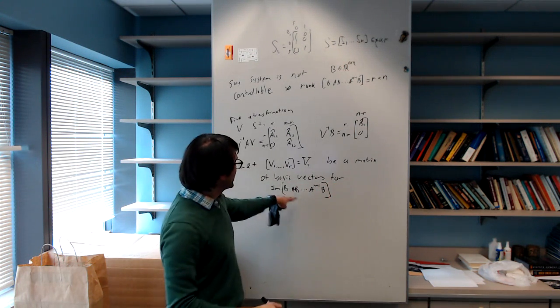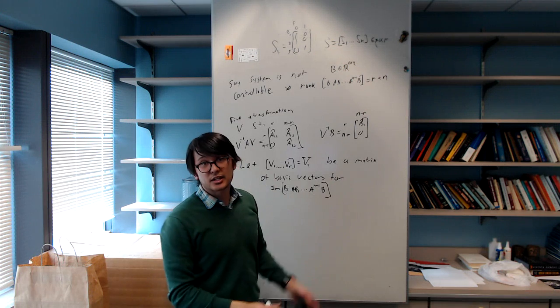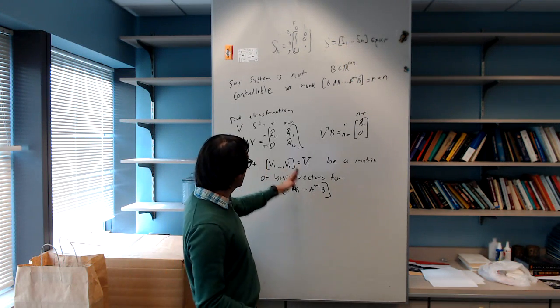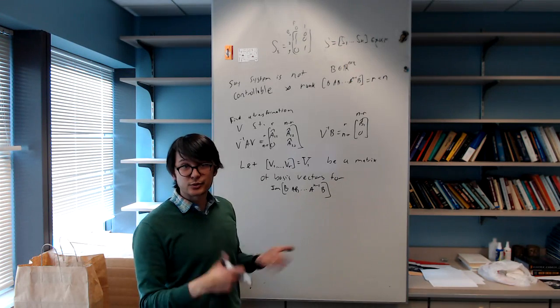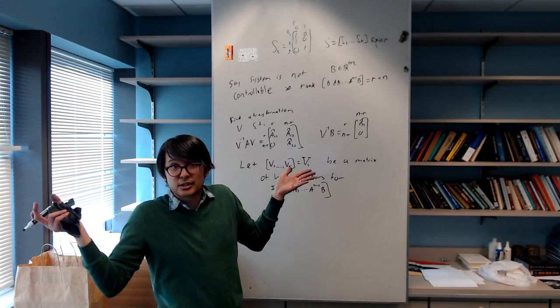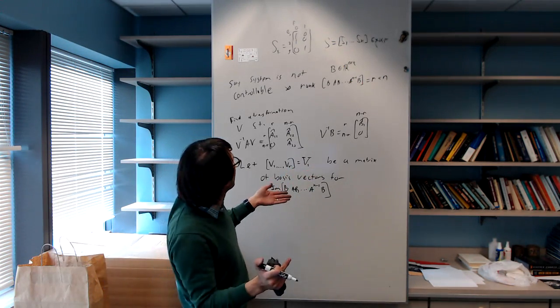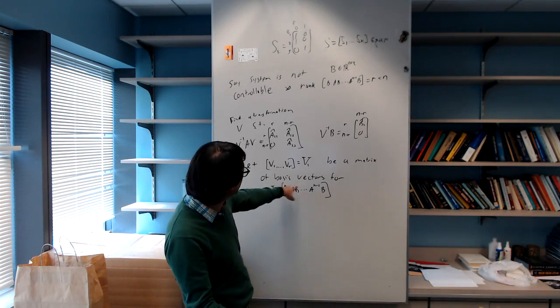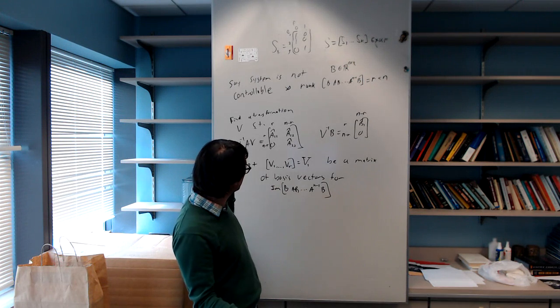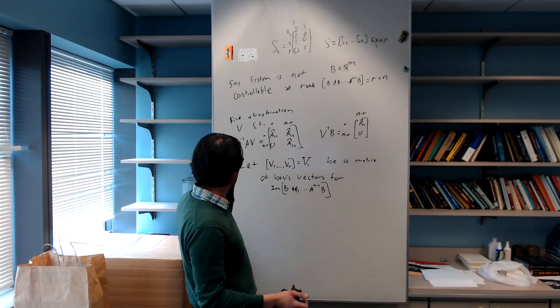So this is a basis of this image. In particular, you could always construct this by finding r linearly independent columns of this matrix. Because remember, the rank is the number of linearly independent columns. So if it has rank r, there have to be r linearly independent columns. So we can just pick r linearly independent columns of this thing, and we're going to get this matrix.